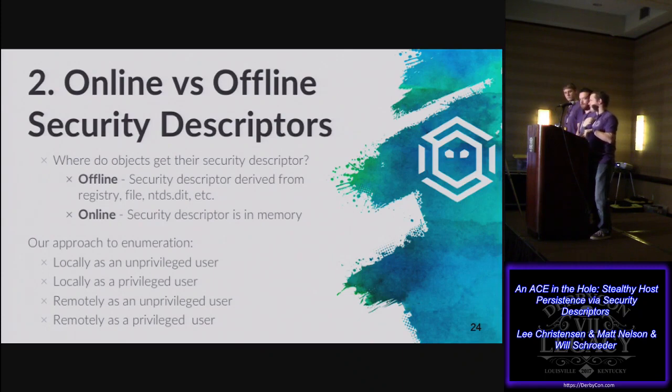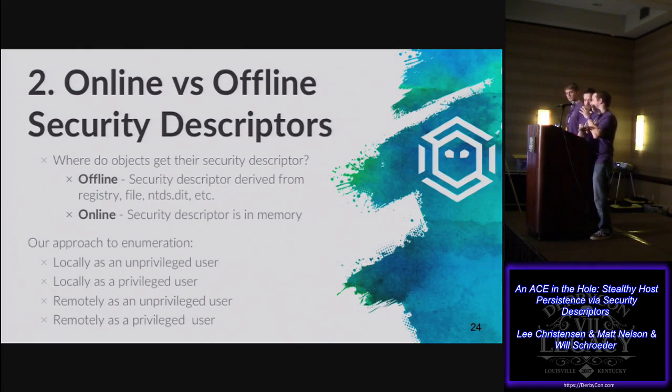And as an attacker, you could also modify the online security descriptor. So if I compromise a host and want that security descriptor tampering to persist across reboots, I want to modify it offline. That way, when it reboots next time, it's going to read that same configuration.